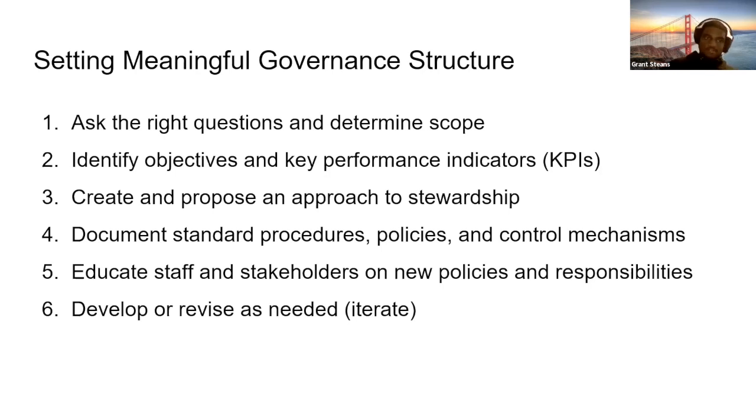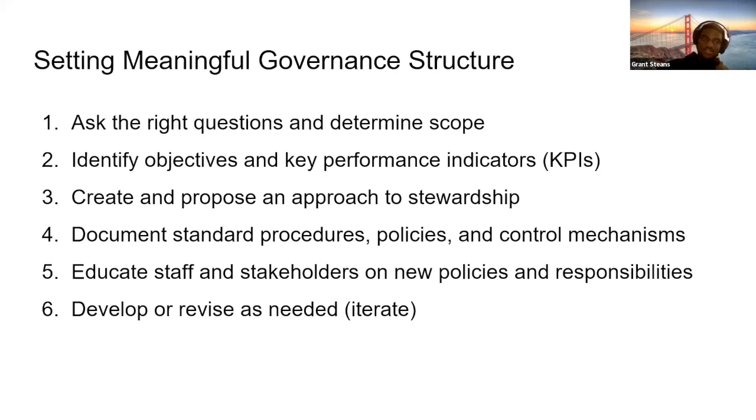The fourth would be documenting standard procedures, policies, and control mechanisms. So once you have those roles and responsibilities set up, it's time to finalize documentation. All of this should be documented, by the way, but at step four, once you have steps one through three, you can really start putting together a full documentation of what your new data governance standard and policy would be.